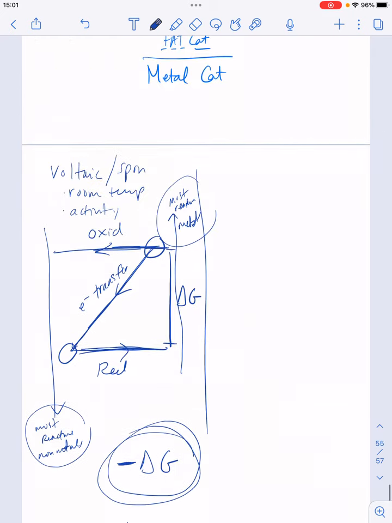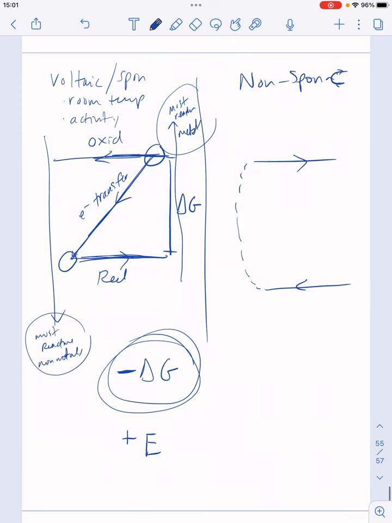On the other hand, on this side, with electrolysis, we have to force electrons uphill. They don't do that on their own. And so on this side, we get the non-spontaneous C shape, where the electrons are going energetically uphill. And so we get our oxidation down low, our reduction up high, and this is where we are forcing the electrons with our power supply.